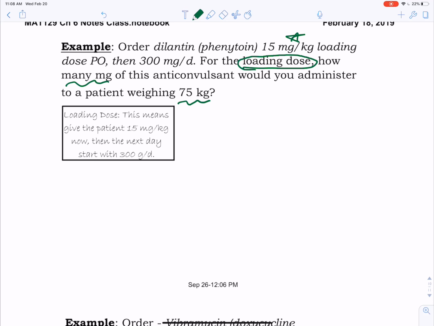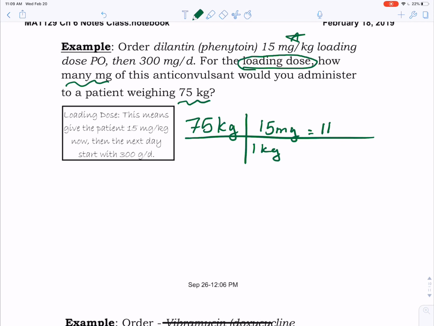Usually when we're dealing with patient weight, that's what we start with. So I'm going to start with my 75 kilograms. And then I know in 1 kilogram, there's 15 milligrams, or our patient is receiving 15 milligrams for every 1 kilogram of their body weight. When we multiply straight across, we get 1,125 milligrams because those kilograms totally canceled out. That is how large the loading dose would be.